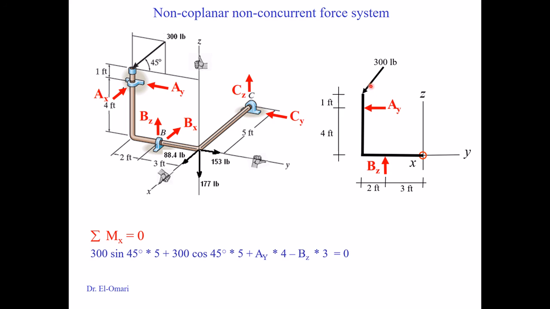So we start with the 300 components. The sine, which is the vertical component, multiplied by the perpendicular extended from the point of rotation to the line of action of the vertical component. This is 5. And that's the vertical component rotating counterclockwise, positive.